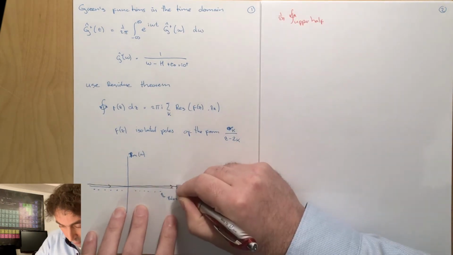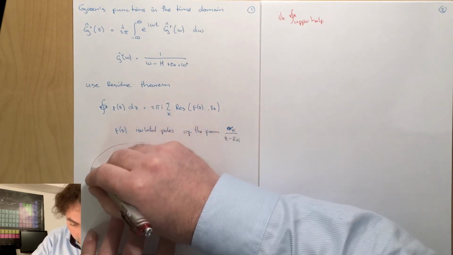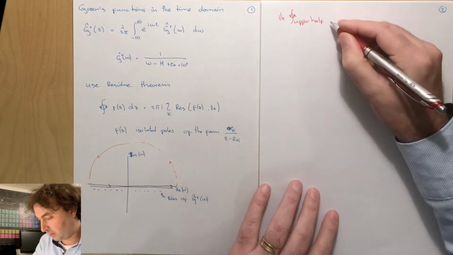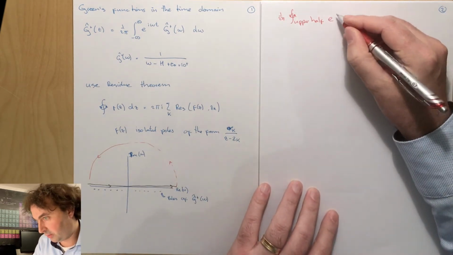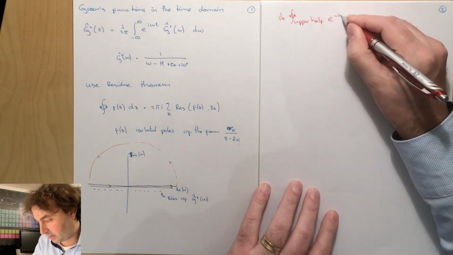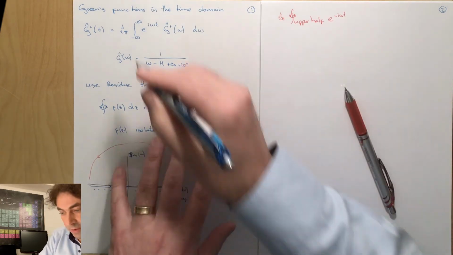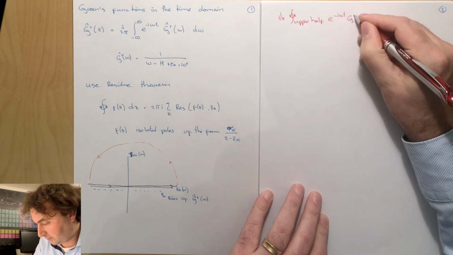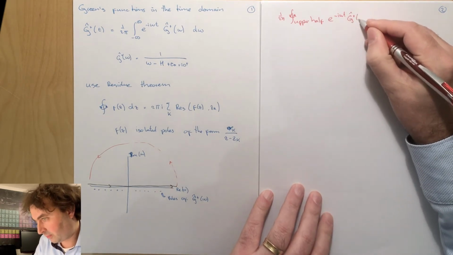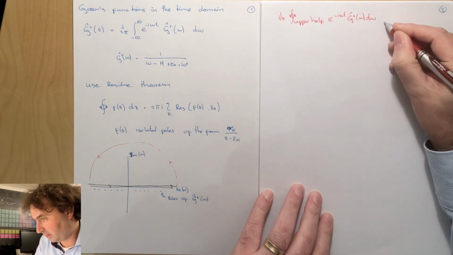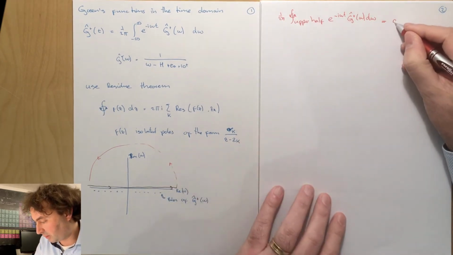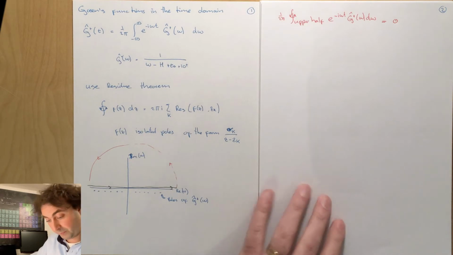So we have to close the contour in the upper half plane of e to the minus i omega t, there is a minus missing here, sorry for that, of G plus of omega d omega. There are no poles within this contour, so I know that this integral will be 0.